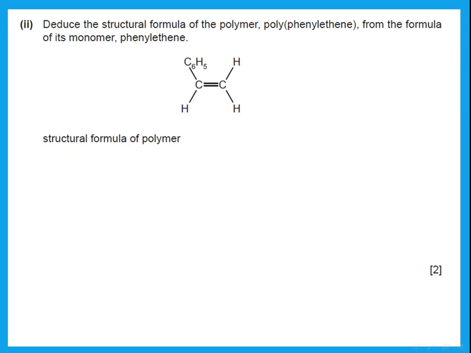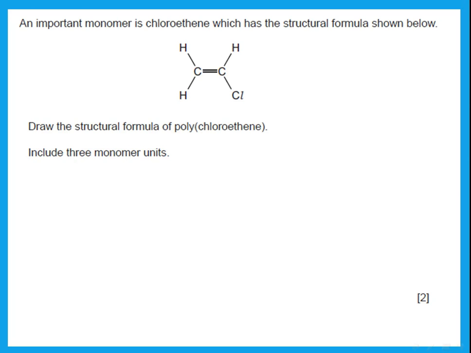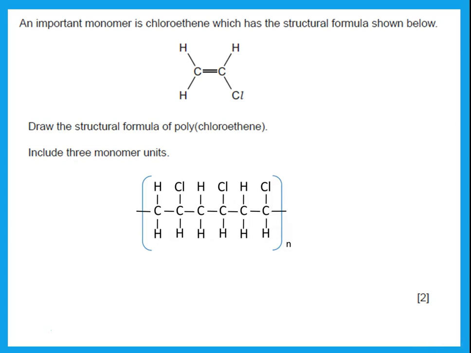Okay, again, this is my monomer and I want the polymer, so again, this is the same thing. Again, this is another monomer, so this is enough practice. But remember here, now he's asking something else. He's saying include 3 monomer units.